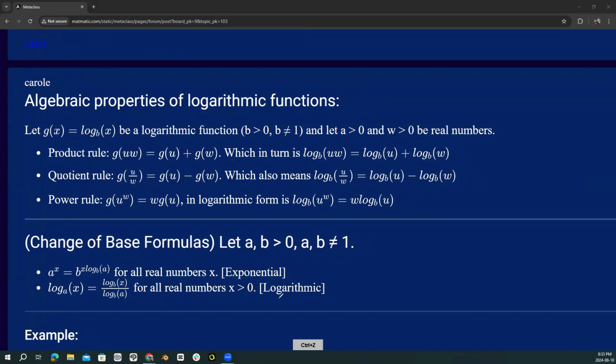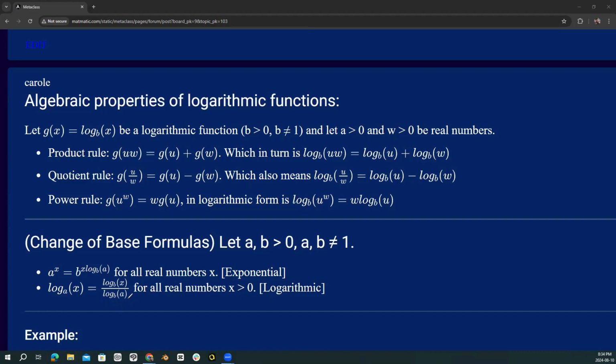Since we're talking about logarithmic functions, I'll go over both. The logarithmic form is log base a of x, which can be converted into log base b of x over log base b of a. Let me give you guys an example here.